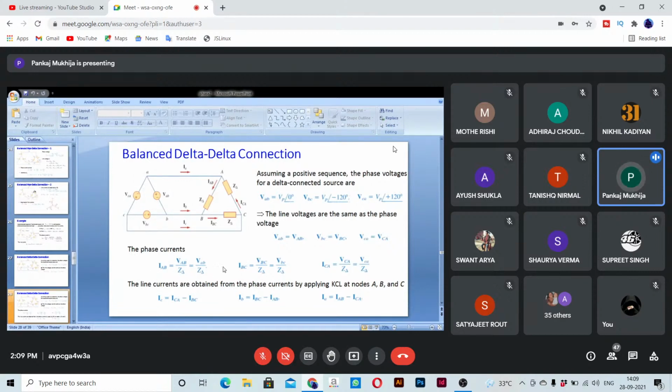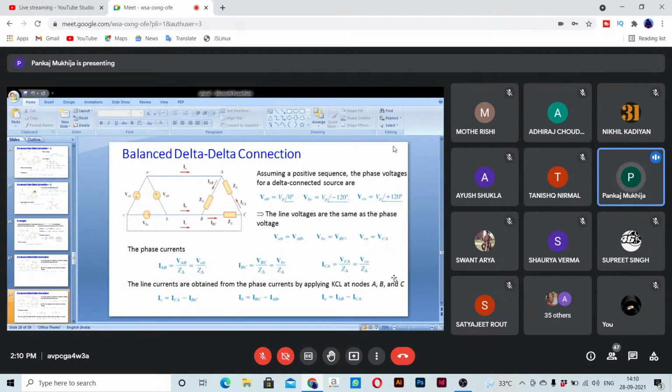Since VAB is the same as small vab and VBC is the same as small vbc, that is how we can obtain them. Line currents you can obtain by applying KCL. So IC will be ICA minus IBC, and similarly IB will be IBC minus IAB. So these are our line currents.